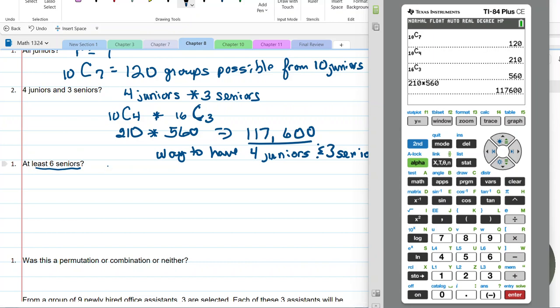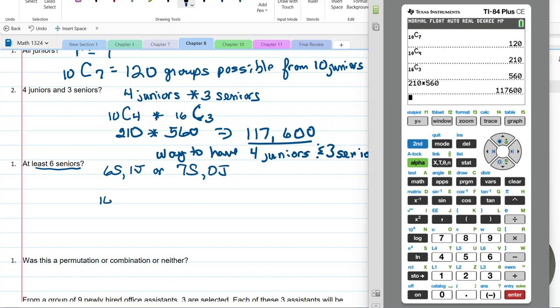So we could have 6 seniors and 1 junior, or 7 seniors and 0 juniors. Okay, so those are the conditions we have. Seniors are the condition.